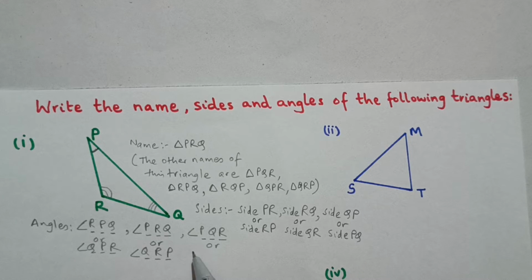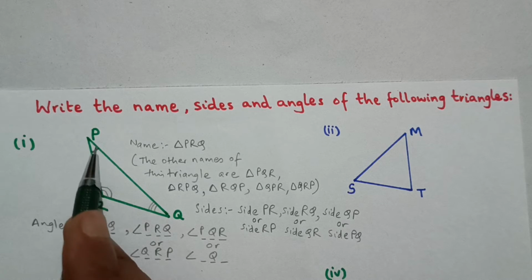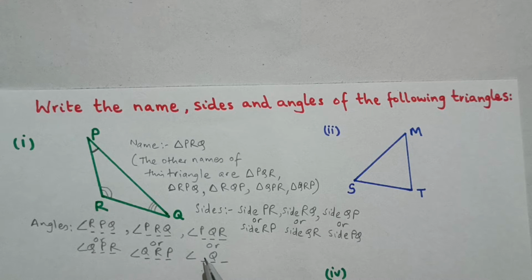Q will be the middle alphabet and the other two letters are P and R for this triangle. So I will write R over here and P over here. So this angle you can either call angle PQR or angle RQP. Both represent this angle. So this is how we have solved question number 1.